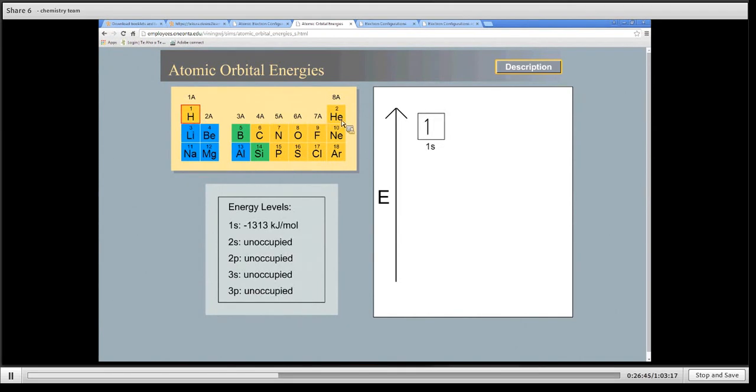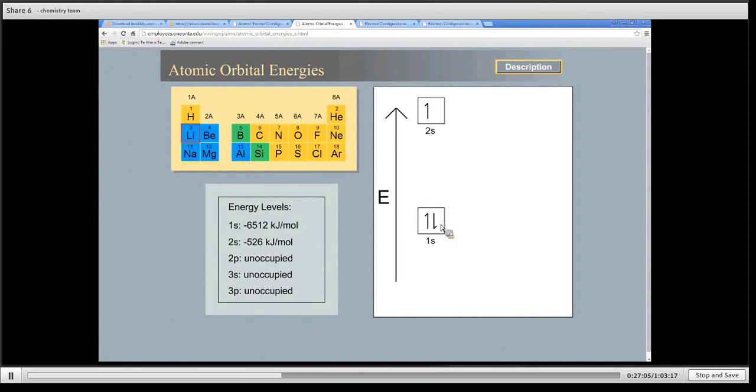So if I have hydrogen, that's got quite a high energy. If I go to helium, it fills that orbital, and did you notice that drop in energy? And it's that drop in energy that makes helium less reactive than hydrogen, because it doesn't want to now go up and do anything.